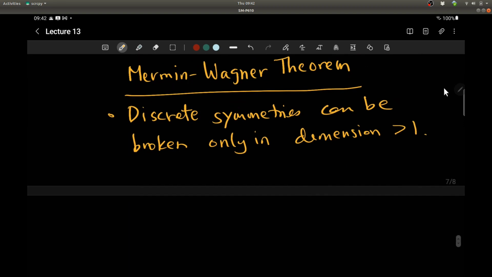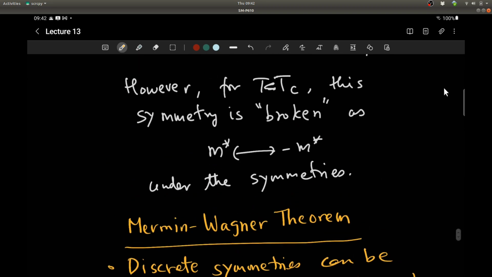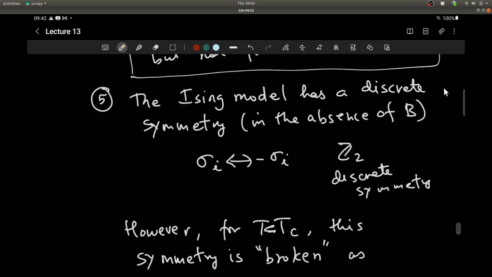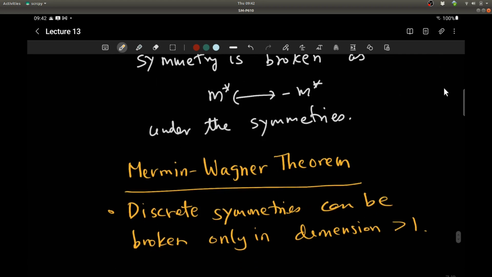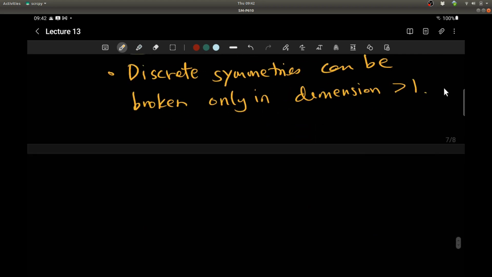There's a version for continuous symmetries, and they can be broken only in dimension 2 and above. So you can see our conclusion that we got. That's why the mean field theory doesn't care about dimension, and it predicts this thing. But the Mermin-Wagner theorem or exact computations both give you the same thing.